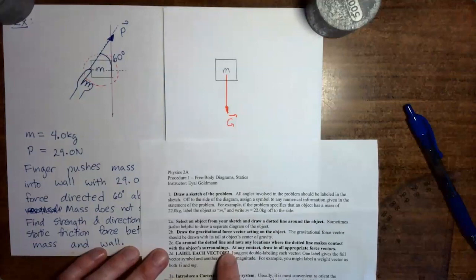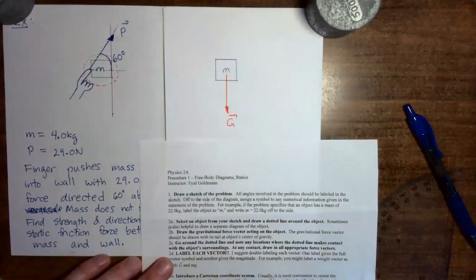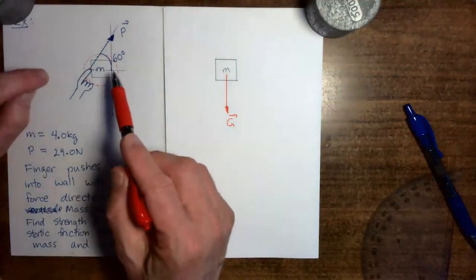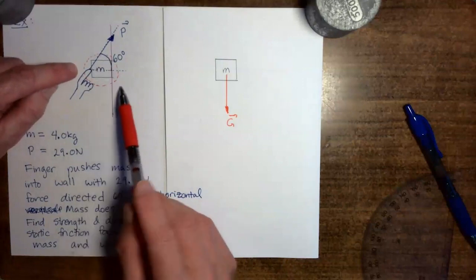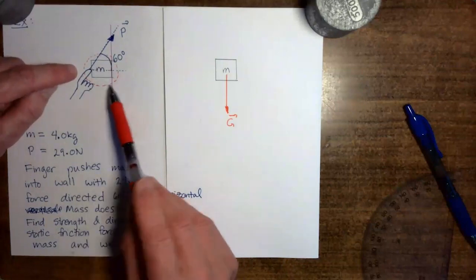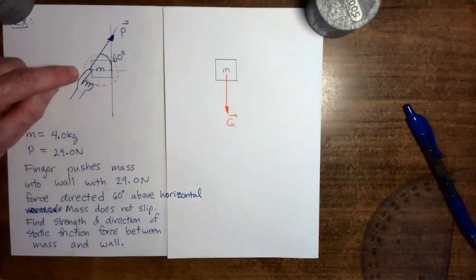Step 2C says go around the dashed line and note any locations where the dashed line makes contact with the object surroundings. So we're going to go around the dashed line and see where other things might be reaching in through the dashed line to exert forces on the object.